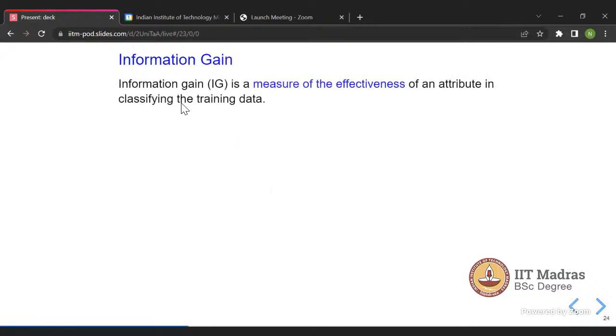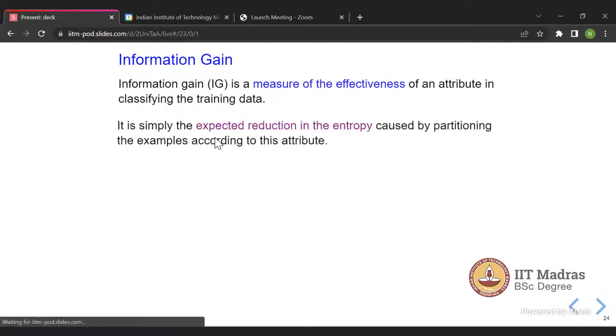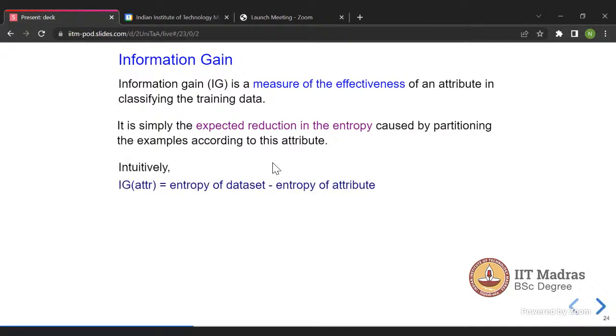Another measure we define is the information gain. It is defined as the reduction in the entropy. Once the split is made, how much entropy has been reduced from the data set, and after the split, what is the entropy?